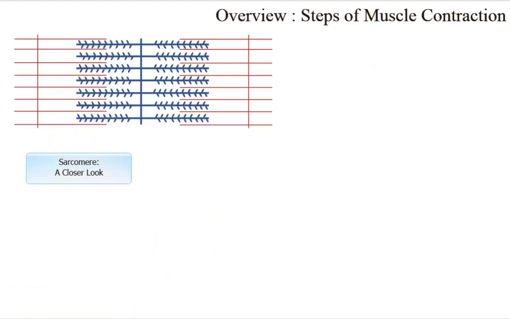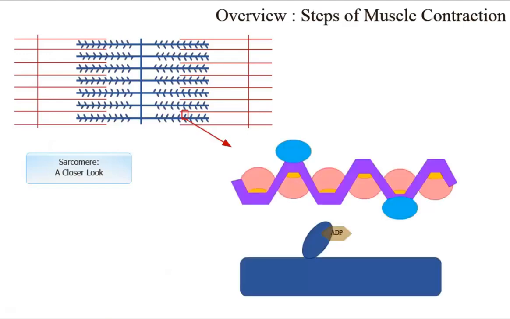I wanted to go over just a couple more terms before starting the steps of the muscle contraction. So let's zoom in to a portion of the sarcomere where we are looking at one of the actin filaments, shown in red here, and the myosin filament, shown in dark blue. You can see the little head sticking out.